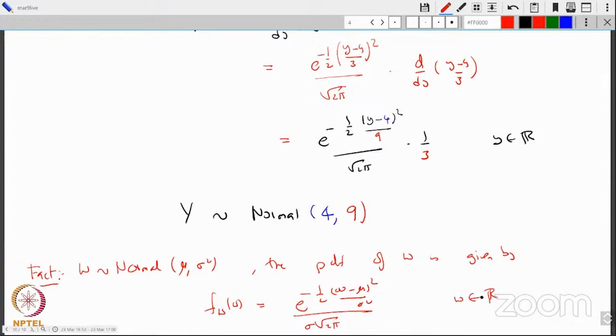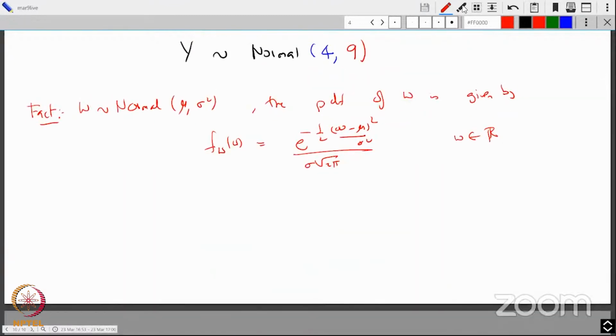On the top, we see mu is 4 and sigma is 3. So sigma squared is 9. That's exactly right. Very nice. It's an important thing in normal random variables to understand these things, right?